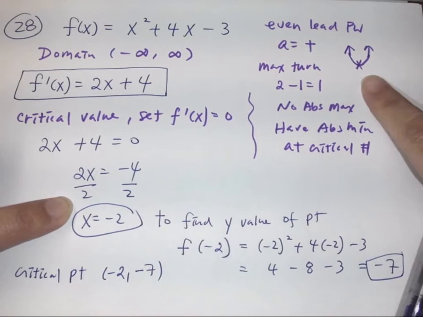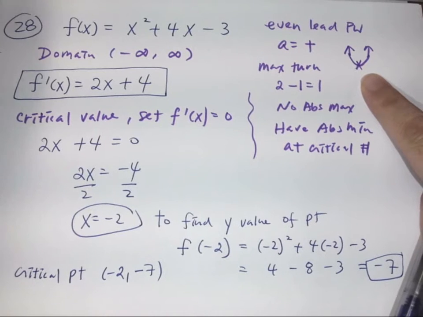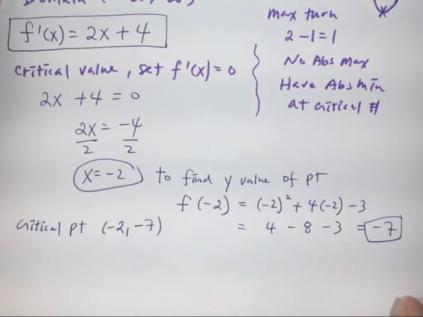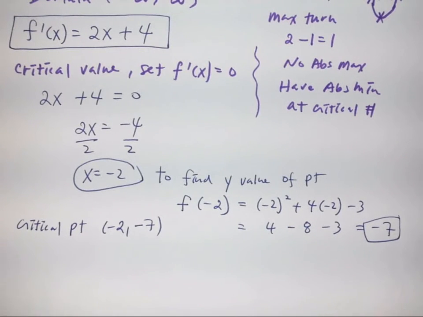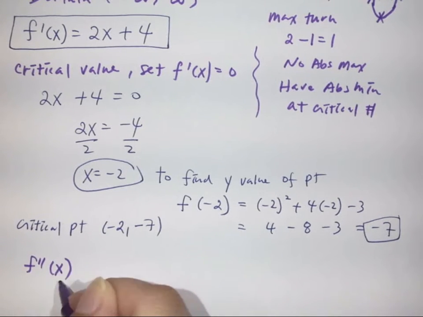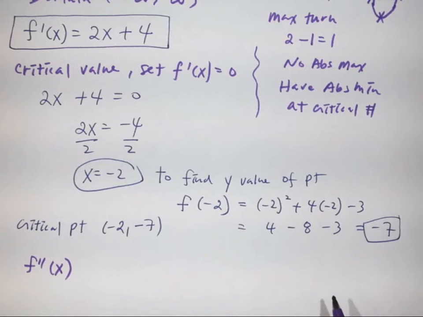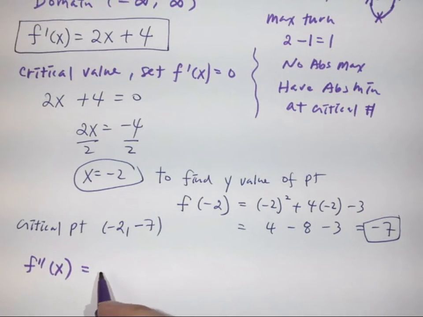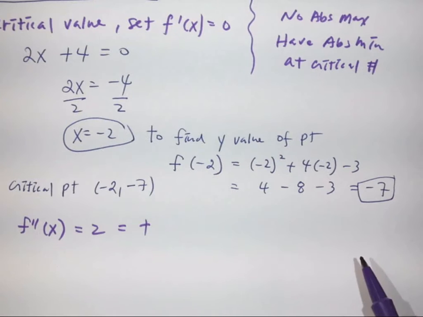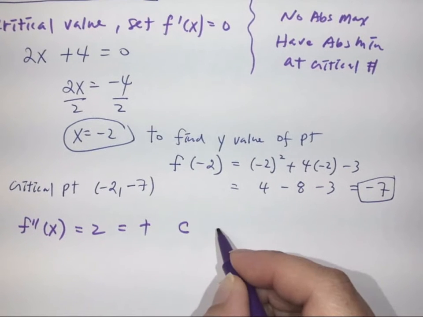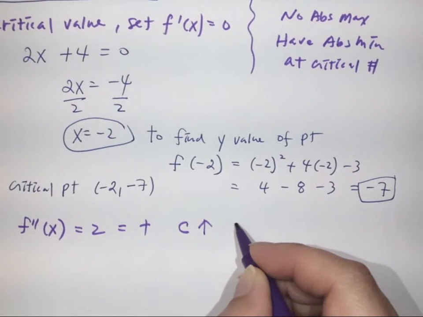If we understand the graph, we already know that is my absolute minimum. But we're going to do the second derivative test, so let's double check. For the second derivative, we have just 2, because it's 2x plus 4, so it's just 2 here, which is positive. When the second derivative is positive, it means concave up, like a smiley face.